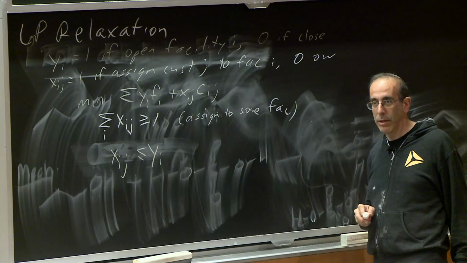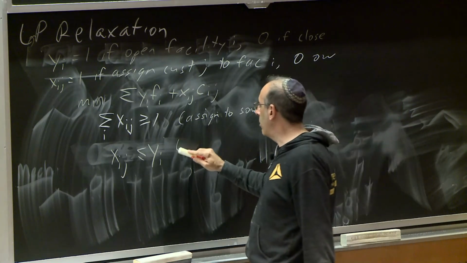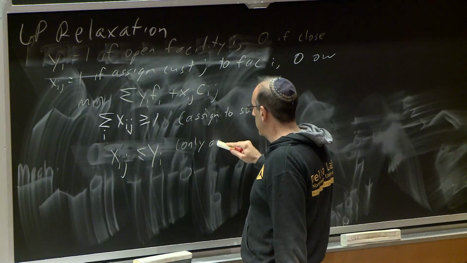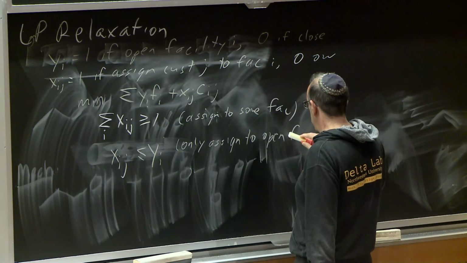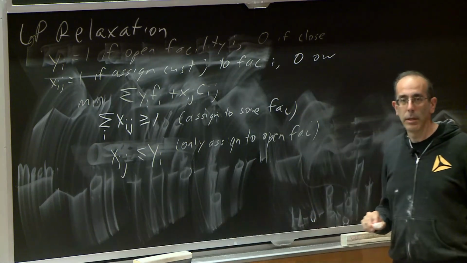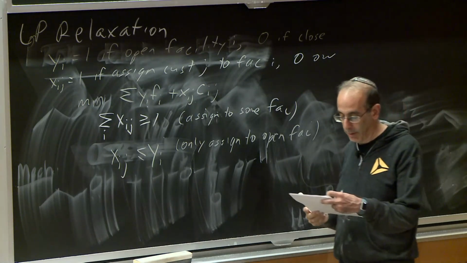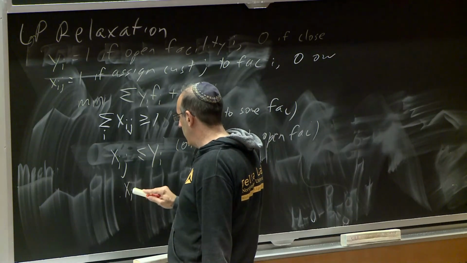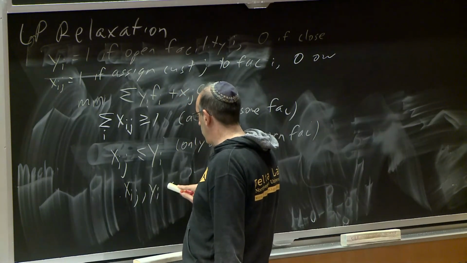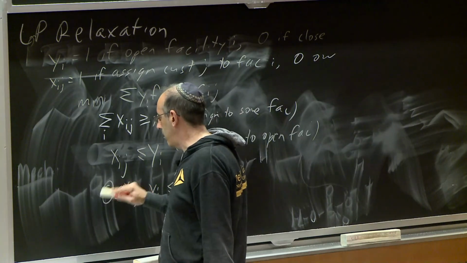Right, that you can only assign to open facilities. And then, of course, we have the xij and yi's between 0 and 1.